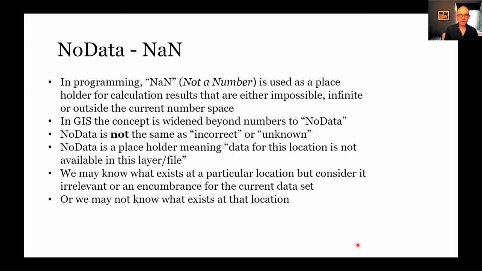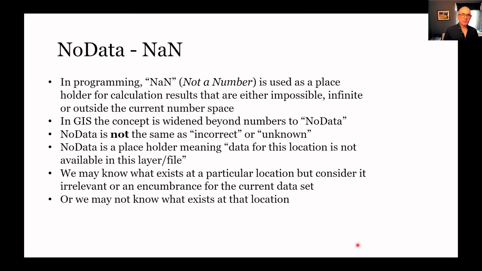Another concept, one more thing to get in place, is the idea of no data, which is kind of similar to a NaN, not a number. They're not exactly the same thing, but quite often they're used interchangeably. Sometimes there's not a better alternative.